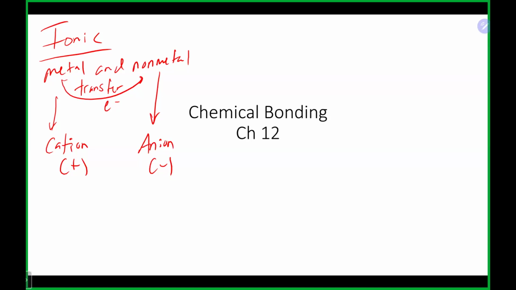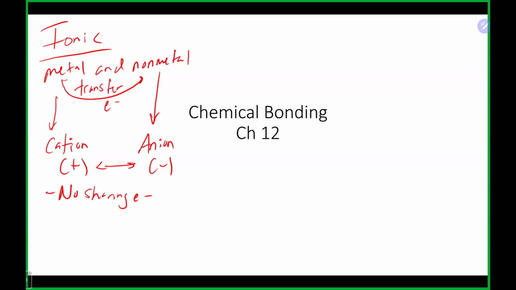One of the main things you should understand about an ionic bond is there is no sharing of electrons in ionic bonds. It is this opposite attraction that holds those guys together.